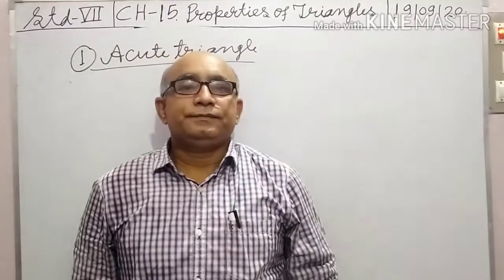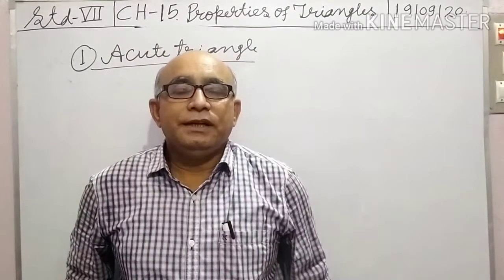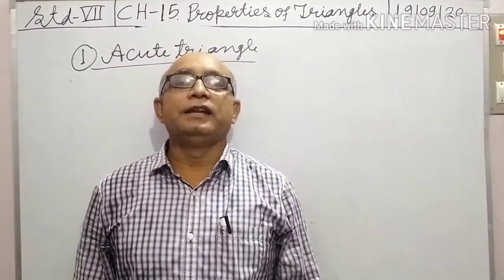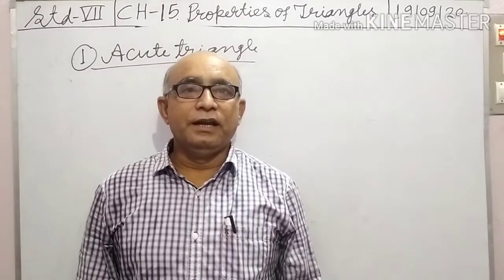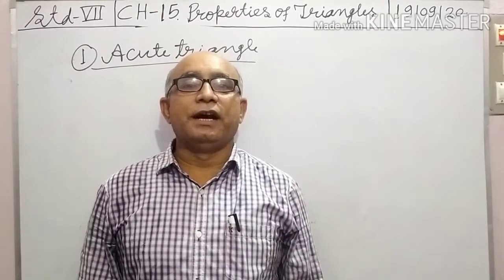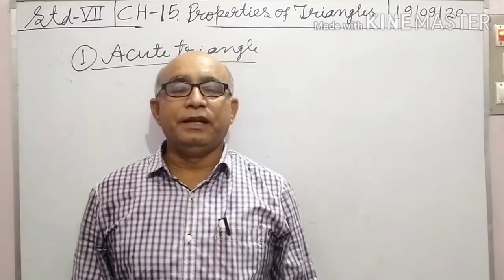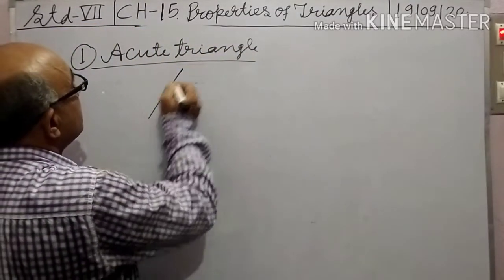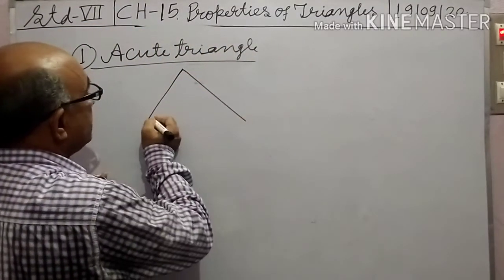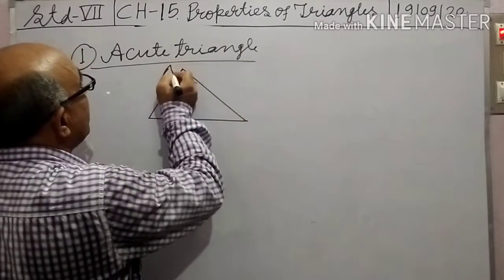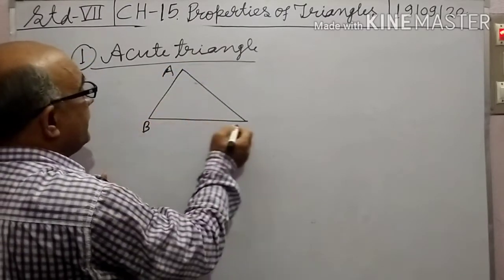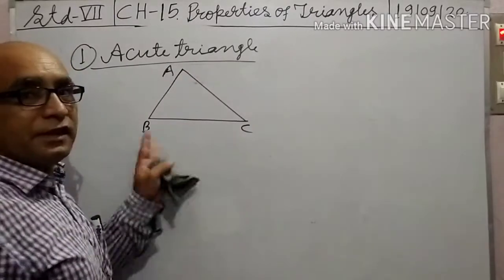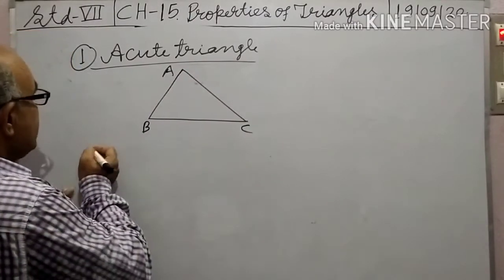A triangle in which each angle is less than 90 degrees is called an acute triangle. Acute triangle ABC: each angle is less than 90 degrees.